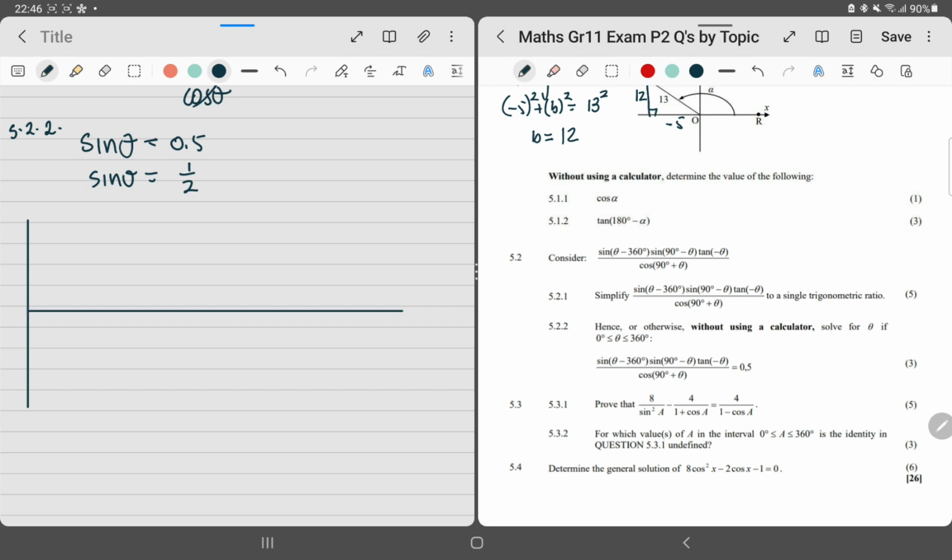I'm just going to draw the graph of sine. This is 90, 180, 270, and 360. So this goes between -1 and 1.